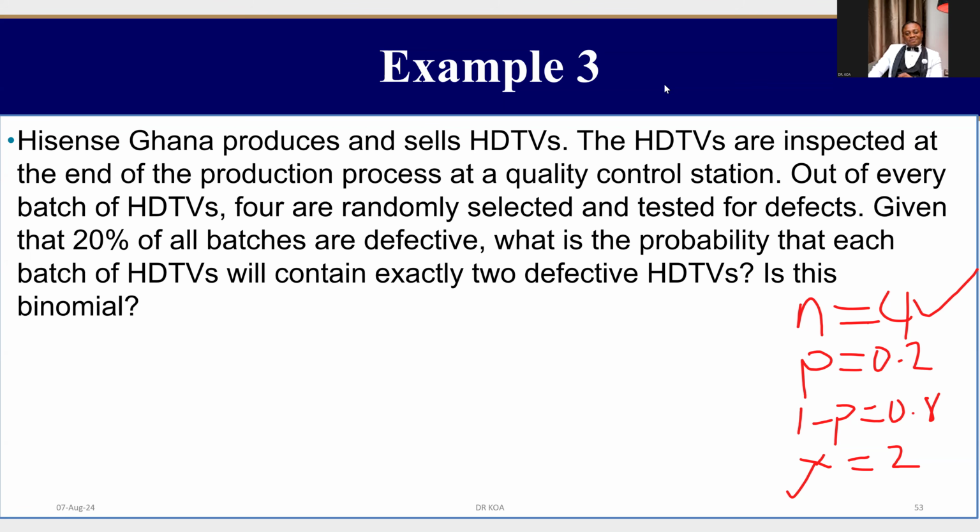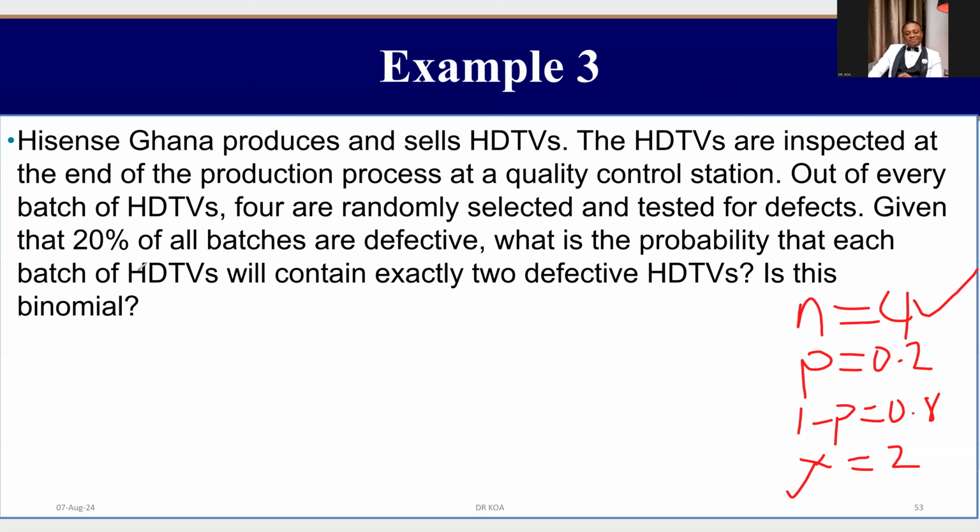But if you look at the 4, the 4 is a random sample of items to test for the defect. So with the 4, you don't know which one of them is defective yet. Out of that 4, the number of successes, those that are defective, that is the 2. Okay. Now that you have the answer, what do you do?